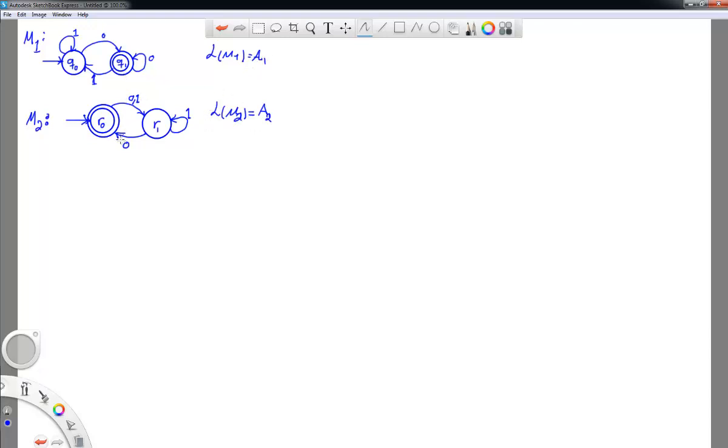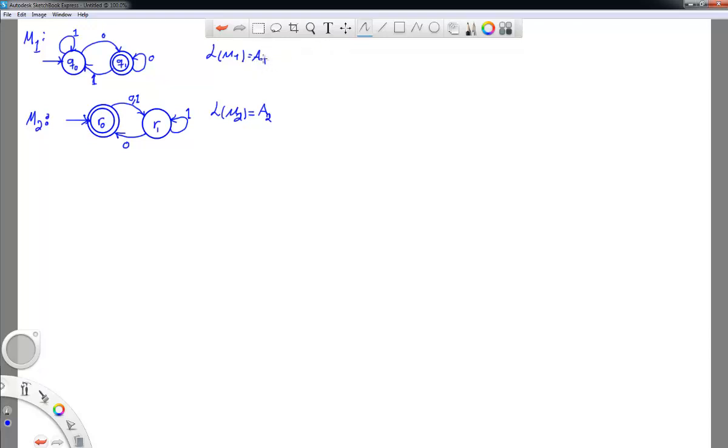Now I used 0 and 1 as my symbols from the alphabet for both of these languages. So now I'm interested in constructing an automaton M such that M recognizes the union of the two languages.